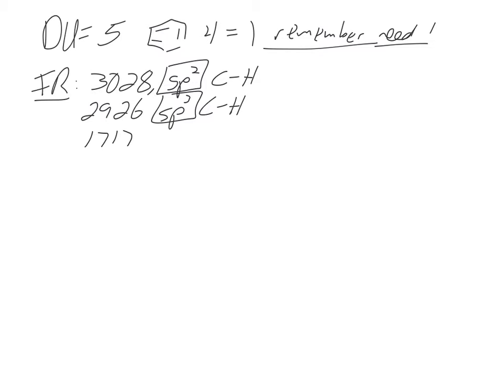C double bond O. We don't know what type, but it's a C double bond O. Would that cover our last degree of unsaturation? Is that a pi bond? Yes. So we can check that off. Right there, check it off. Well, good. I'm going to go with all my degrees of unsaturation. Benzene ring has 4, right? 3 pi bonds in a ring. And then the carbonyl. We don't know what kind of carbonyl it is yet.